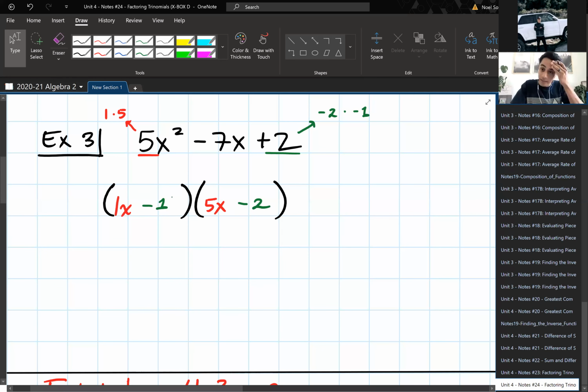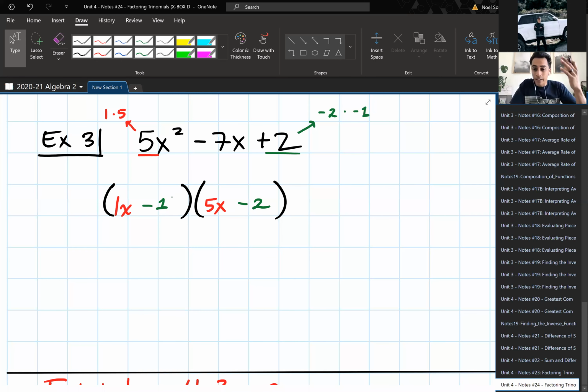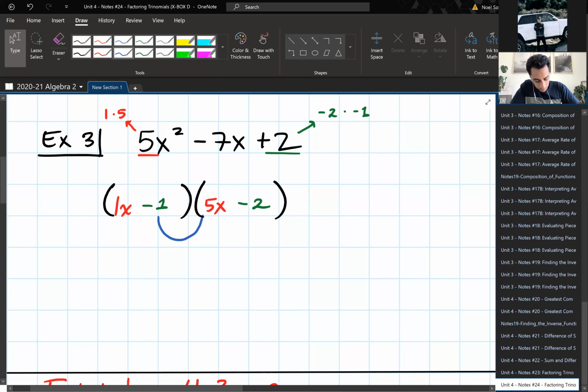Let's test it out and see if this gives us the negative 7 that we're looking for. So negative 1 times 5x is negative 5x. Positive 1x times negative 2 is negative 2x. When we add the terms together, negative 5 plus negative 2, we get negative 7x. And that checks out, right? That's exactly what we were looking for.